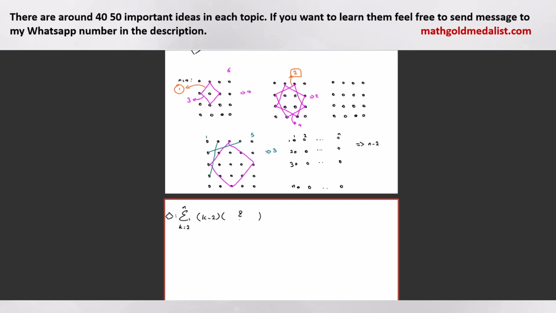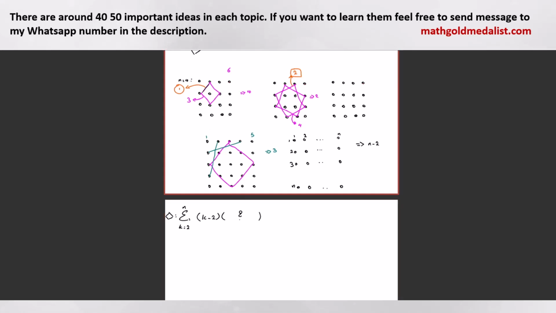How many is that? 1, 2, 3. 9 times. Oh, it should be n minus k all squared.